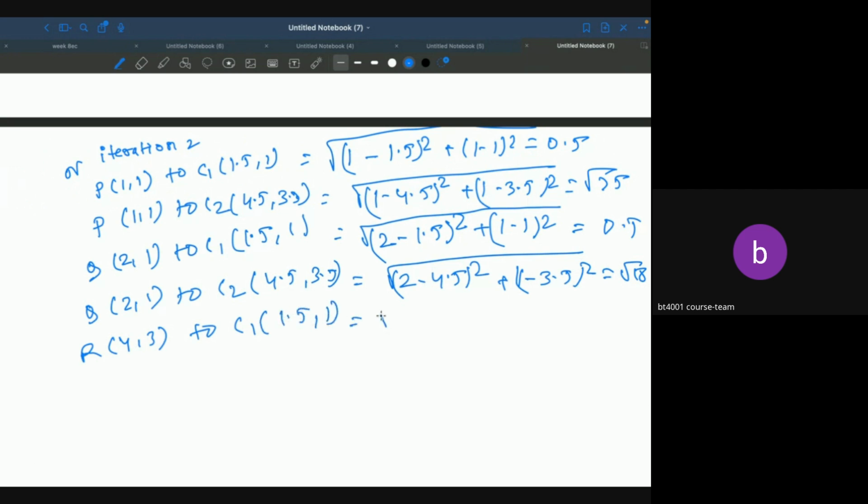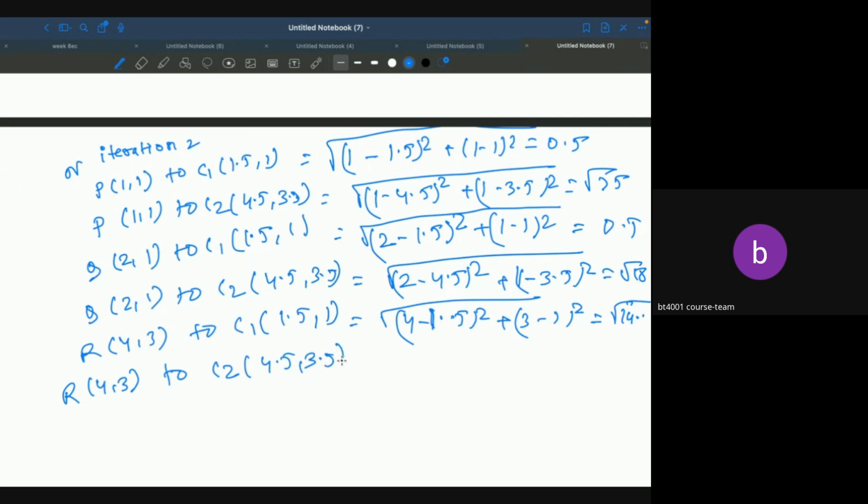So it will be (4 minus 1.5) square plus (3 minus 1) square. So it will be root 10.25, right? Then R(4,3) to C2 (4.5, 3.5).